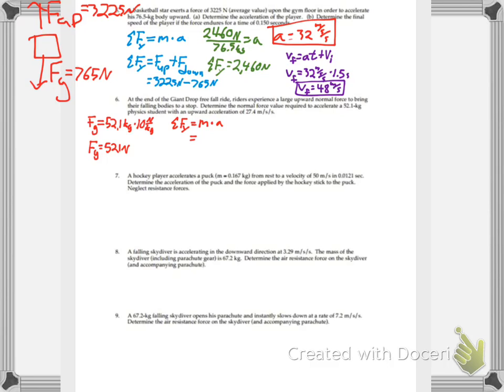So we know his mass is 52.1 kilograms, and we know their acceleration is 27.4 meters per second per second. So the sum of the forces in y will then work out to be 1,427 newtons.